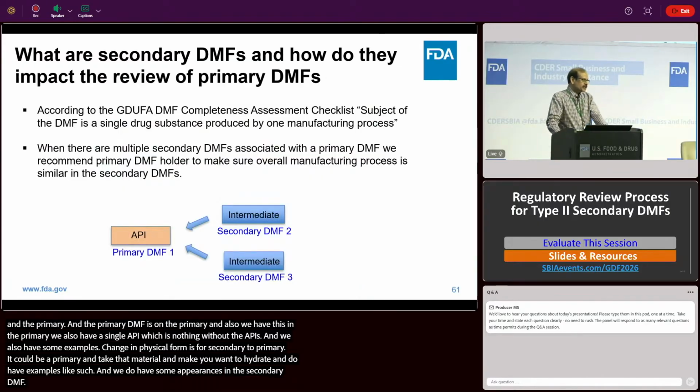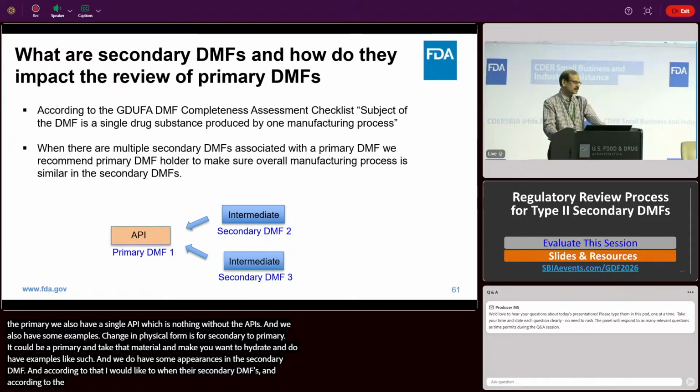Here I would like to point out one thing: when there are secondary DMFs associated with a primary DMF, according to the GDUFA DMF completeness assessment checklist, the subject of the DMF is a single drug substance produced by one manufacturing process.